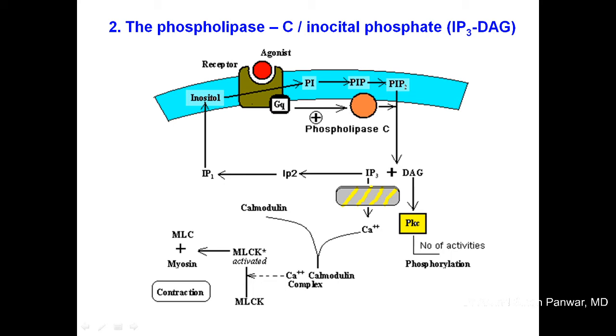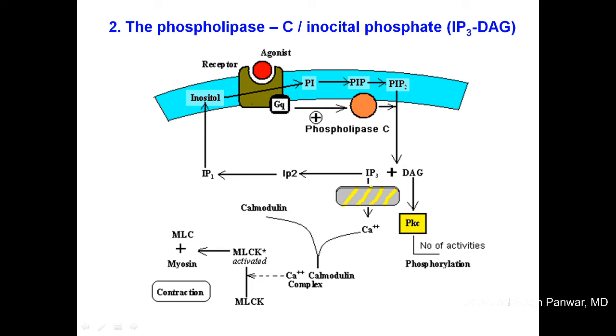Now, this IP3 will act to increase the free cytosolic calcium by releasing calcium from intracellular compartments like the tubules. This increased free calcium initiates many actions which include contraction, secretion, hyperpolarization of the membrane and enzyme activity, while DAG acts by activating protein kinase PKC, which ultimately controls many cellular functions by phosphorylating various proteins.